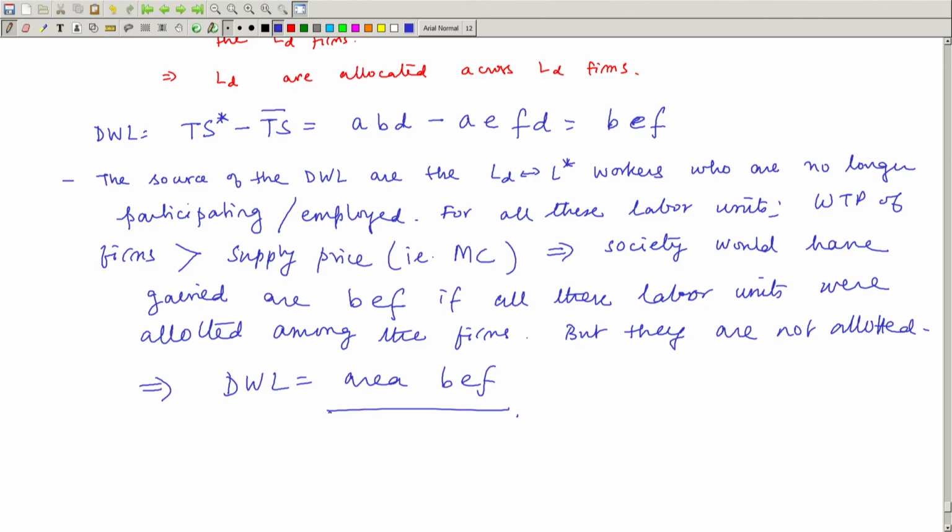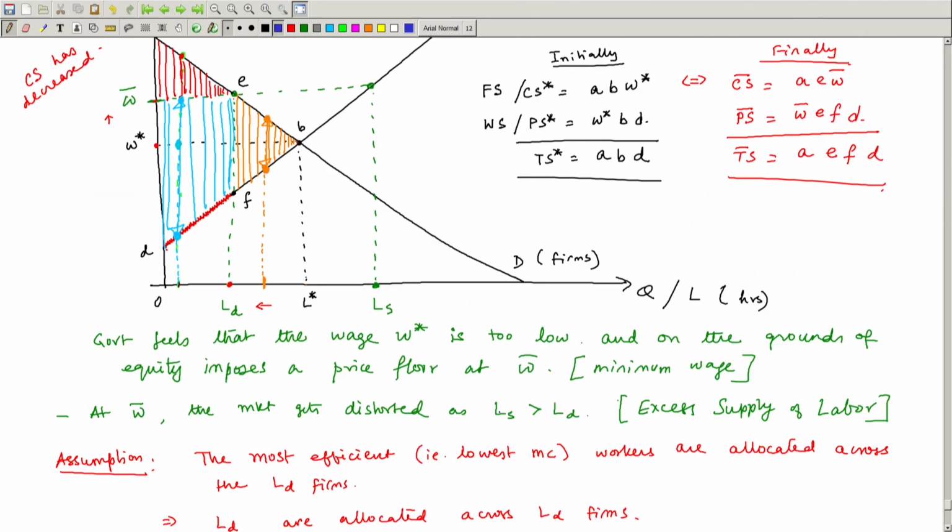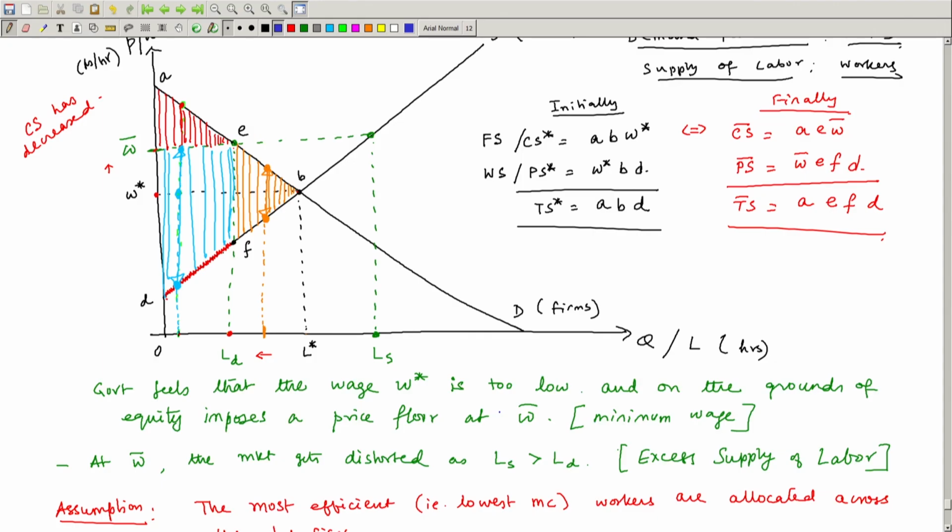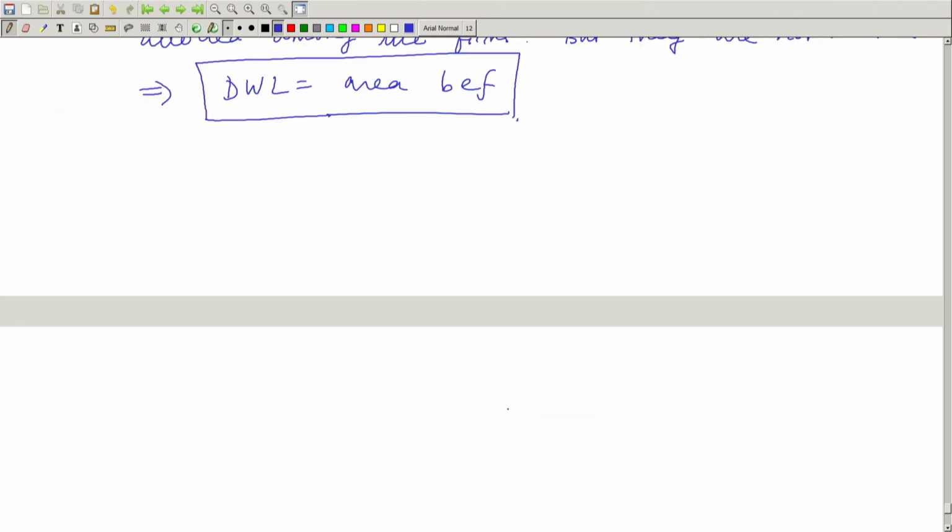So, the source of the deadweight loss is because there are labor hours between LD and L star units which were being traded before. When I say which were being traded before, what I mean is these are labor hours where firms were willing to pay a wage which was much greater than what their supply price was, and therefore, they would have happily participated, but they are not, and therefore, there is a deadweight loss which is being generated.